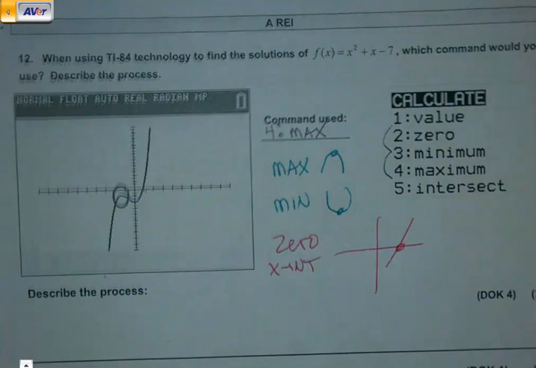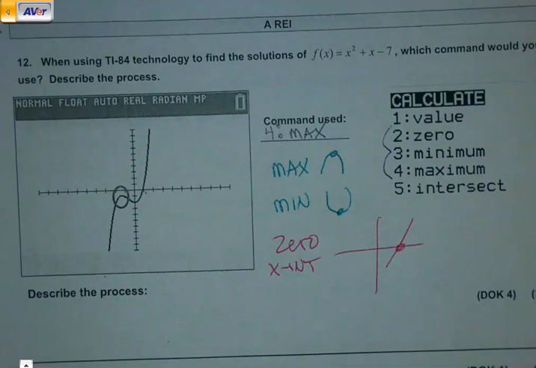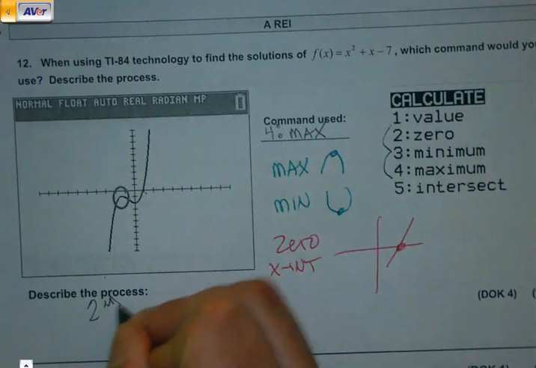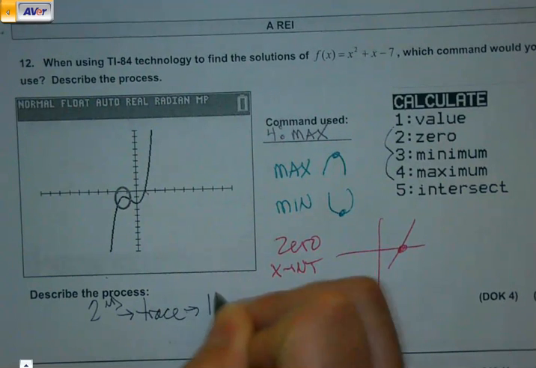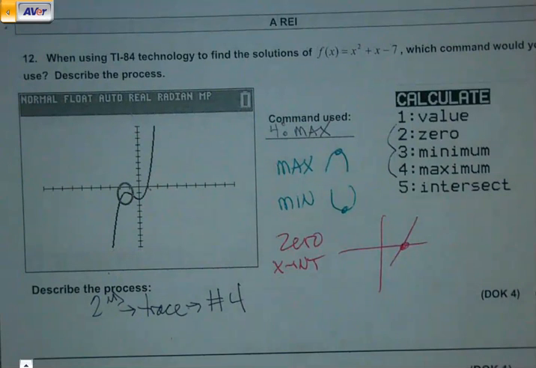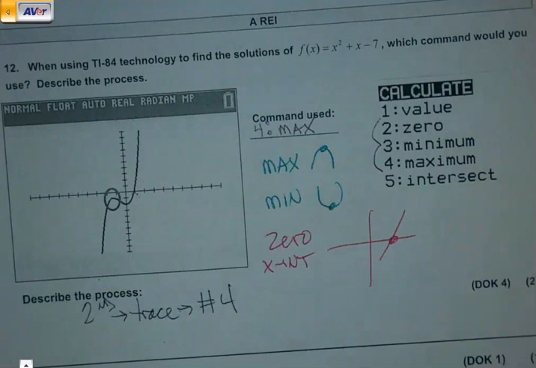Okay? So what I'm looking for in describe the process for the second point would be something like second trace number 4, because that's what I'd type into the calculator to get to that function.